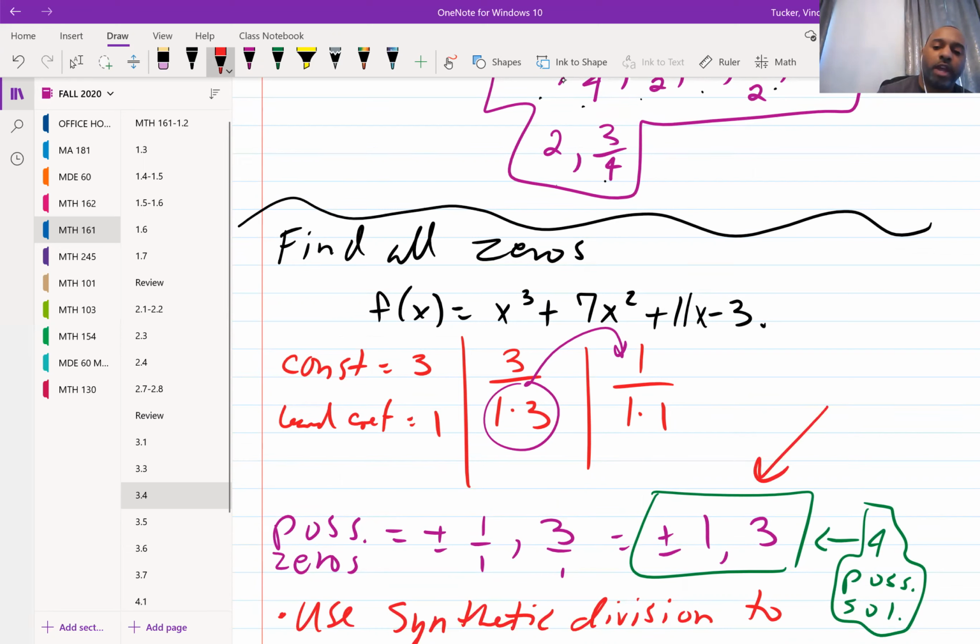And so right here we have 4 possible solutions, plus or minus 1, plus or minus 3. Also keep in mind that this is 3 right here, so that lets us know we can get 3 solutions.